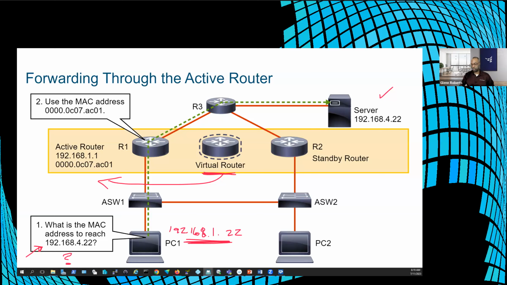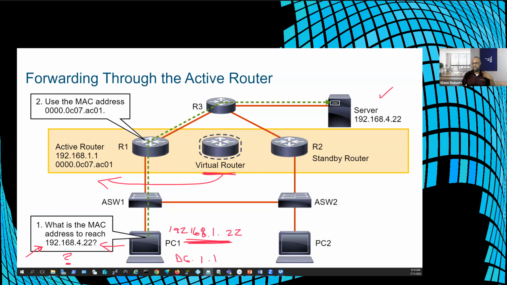The destination's not on my network, so I've got to go to the default gateway. So look in the ARP cache. I know what the default gateway is. In this case, it'll be 1.1. I know what it is because you've configured it. You set up DHCP or you statically assigned it and you handed it out.